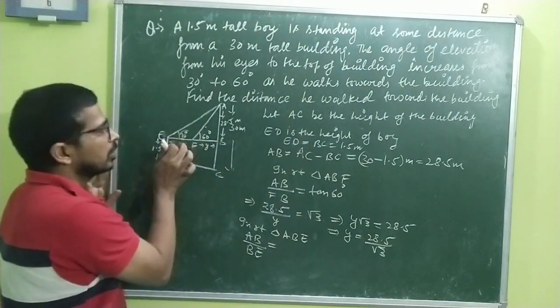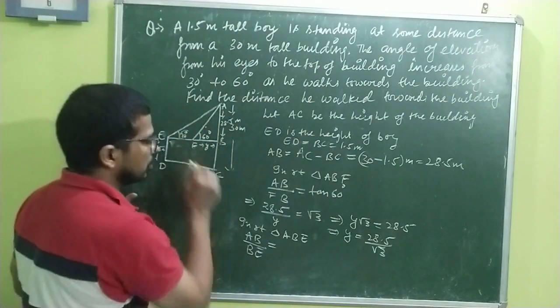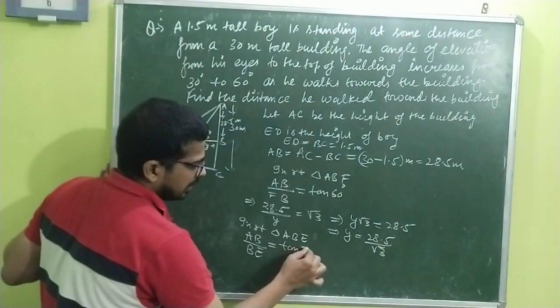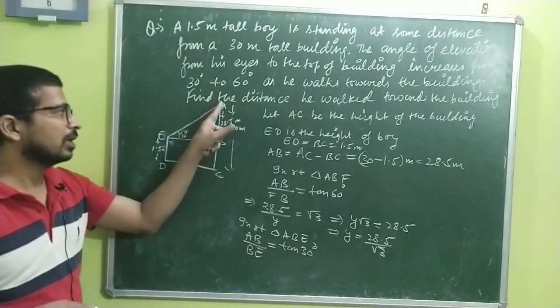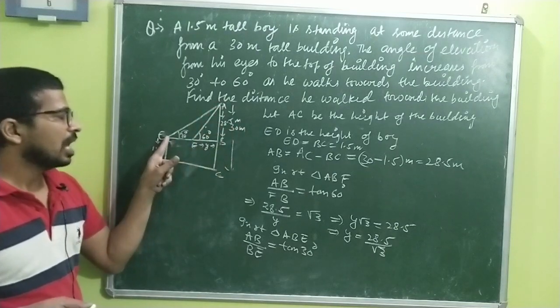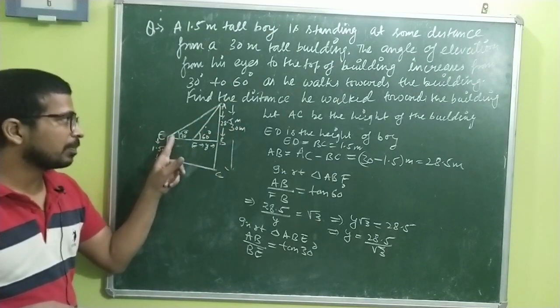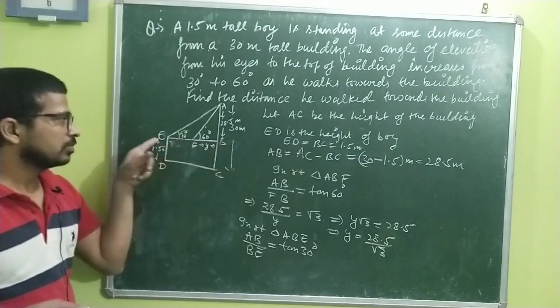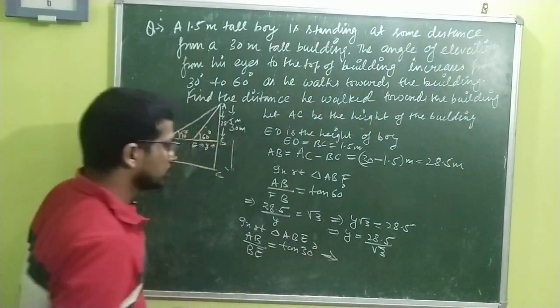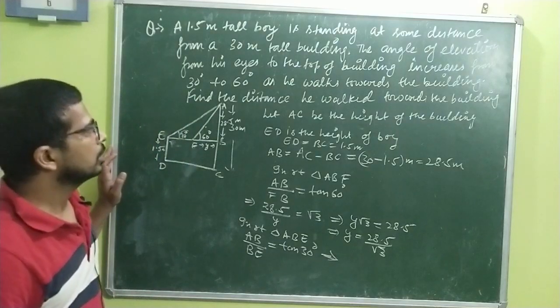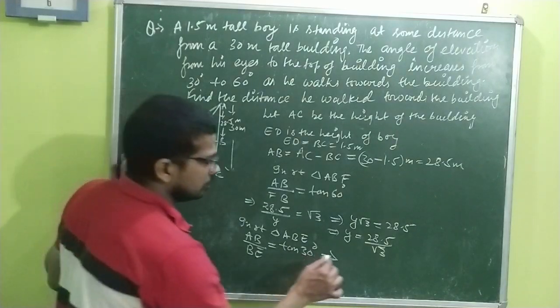Now this angle, we are talking about this bigger triangle, so it will become tan 30. Is it clear? Now we are not talking about the smaller right angle triangle, we are talking about ABE. According to angle E 30 degree, the perpendicular will be AB and the base will be BE. So this will be equal to AB. What is AB here?